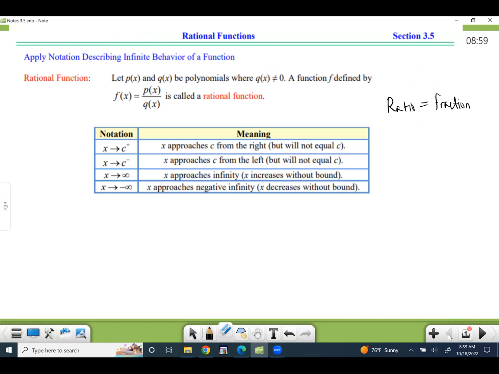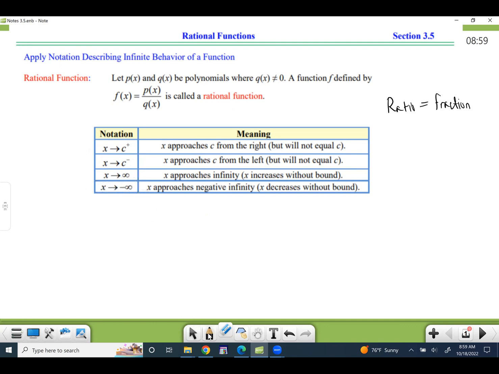Okay. And now we're going to get into a little bit of almost calculus type notation, you guys. So the way that you would read these things in the table, this is notation, and how we read it is we say as x approaches c from the right, as x approaches c from the left. This one says as x approaches infinity, as x approaches negative infinity.